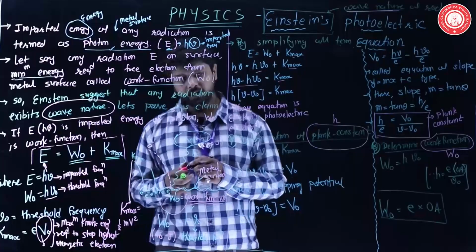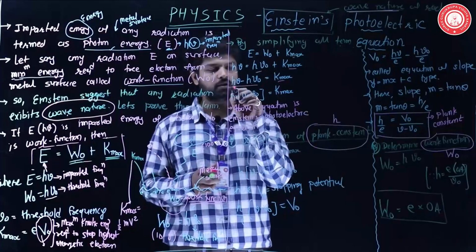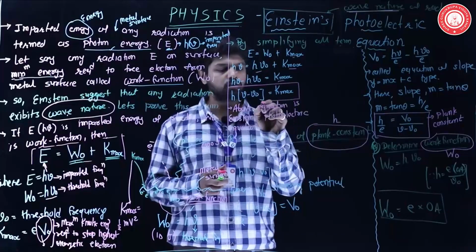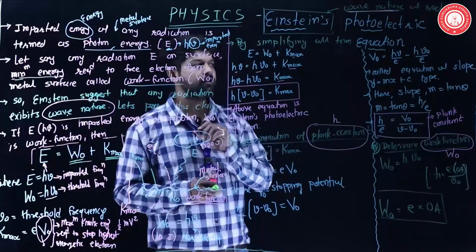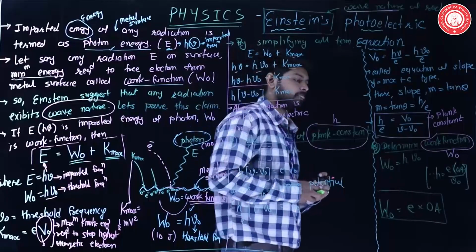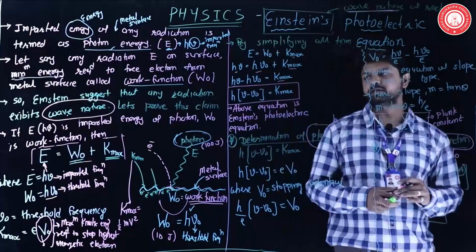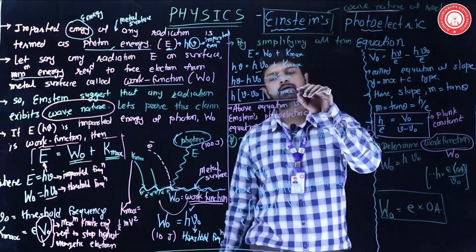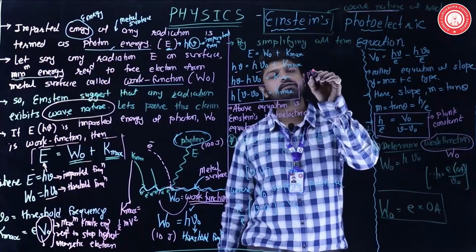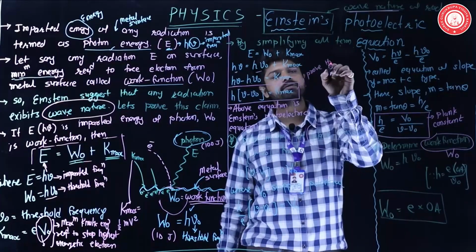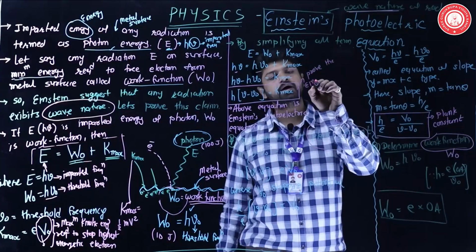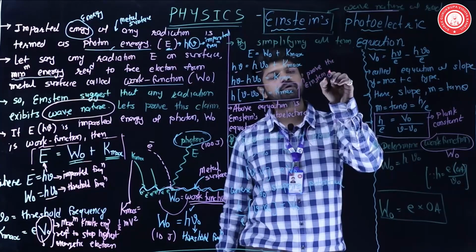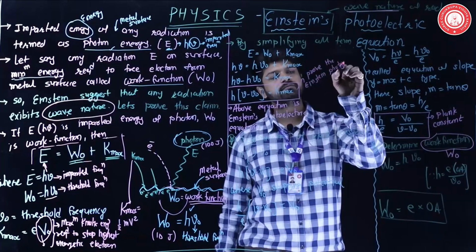You will be surprised to see that this equation is known as the Einstein photoelectric equation. If you are asked in your examination to prove the Einstein photoelectric equation, this is it.